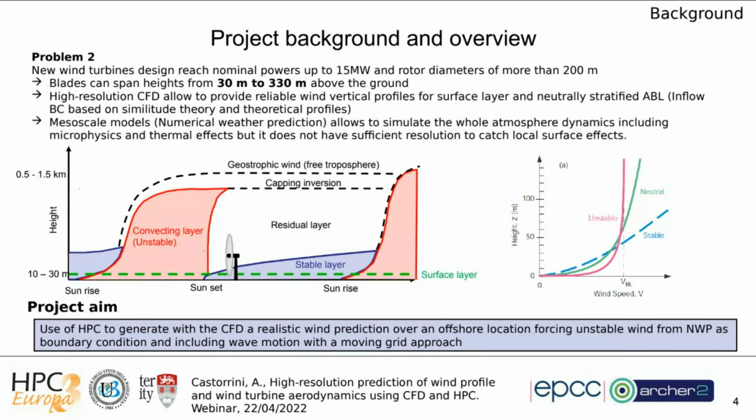We know that this kind of thing can be very well simulated by mesoscale models that are used for numerical weather prediction.